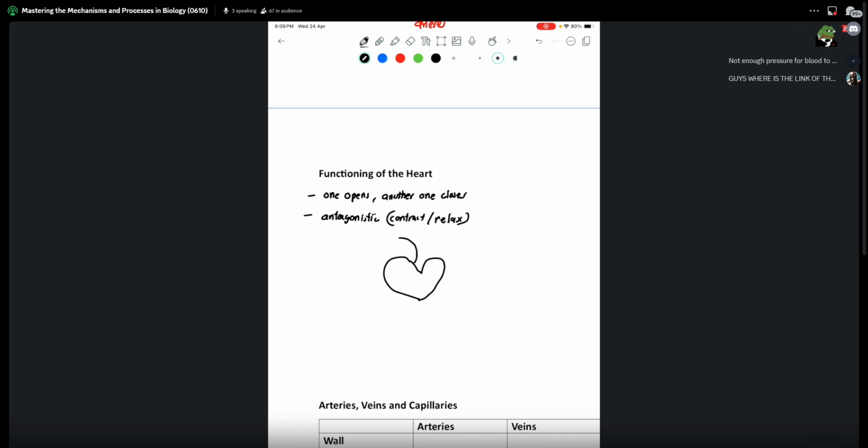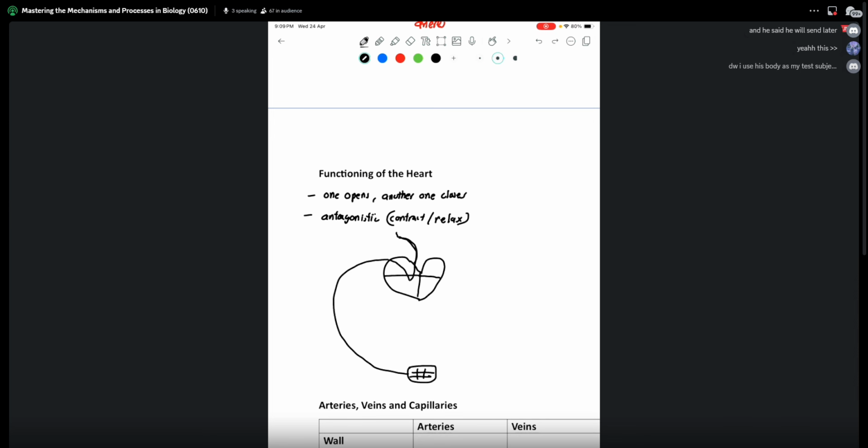Something like that. This goes to the lungs. And this one will go in here.